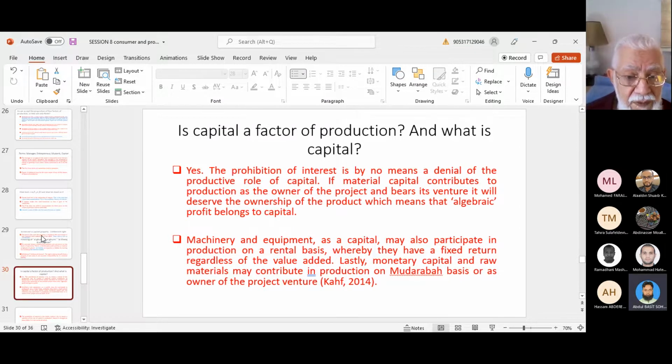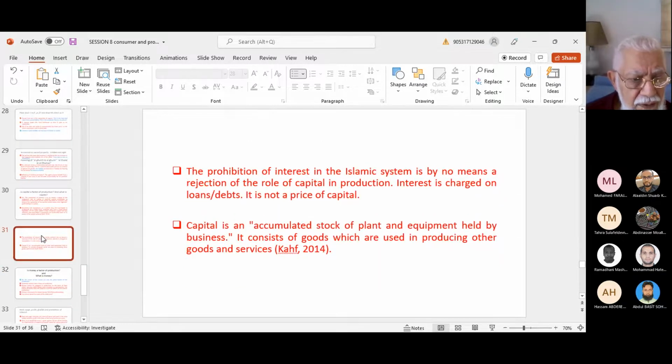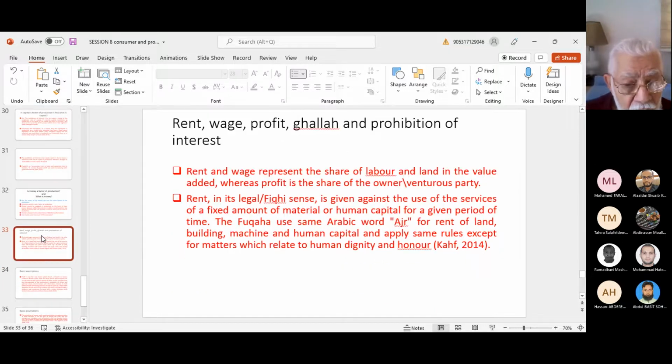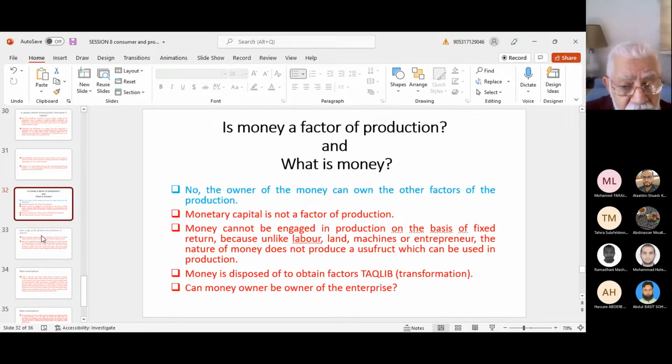We have discussed this: is capital a factor of production? Yeah, we discussed this. Khalas, go on. Is money a factor of production? Money, the owner of money can own the project, but it's not a factor of production.